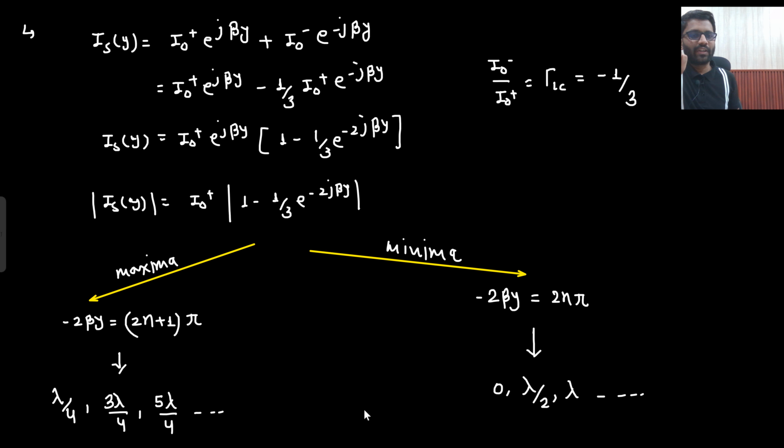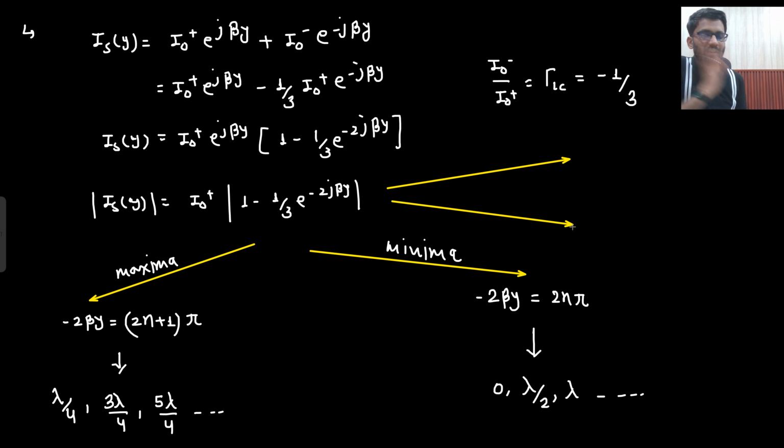So the location of voltage minima is the location of current maxima, and the location of voltage maxima is the location of current minima. Right. Opposite thing is there. Ditto same thing is happening as in E and H. So that's why I spent a lot of time on EM wave, because I wanted to make the next things a cakewalk for you. So now transmission line is just a cakewalk for you, and it will be very, very easy if you have understood EM wave in a good manner, right?